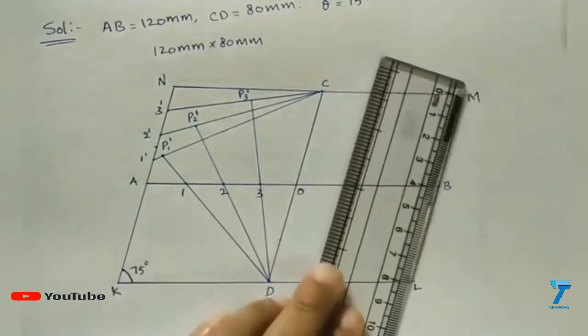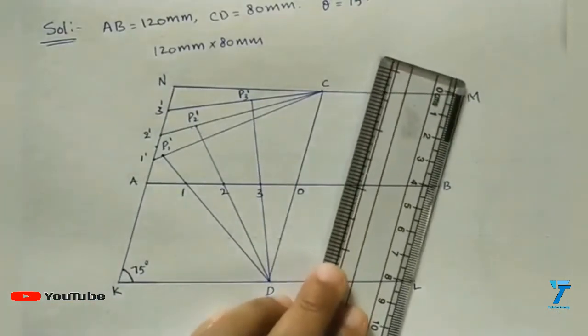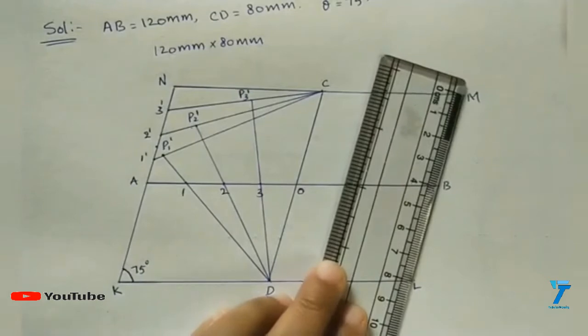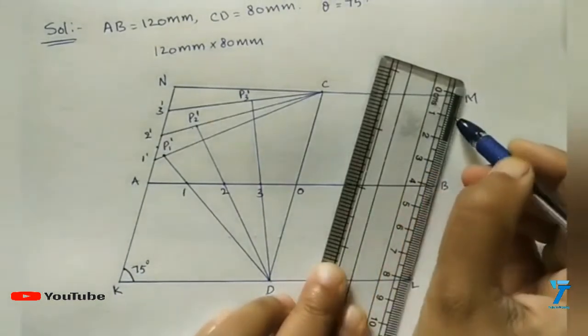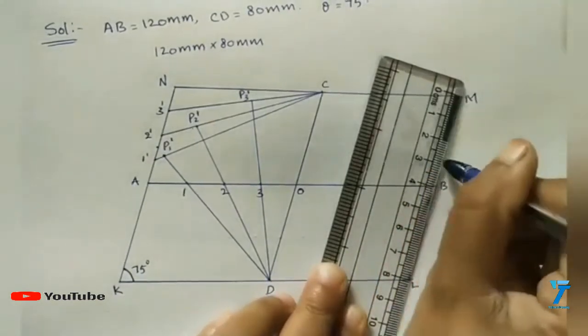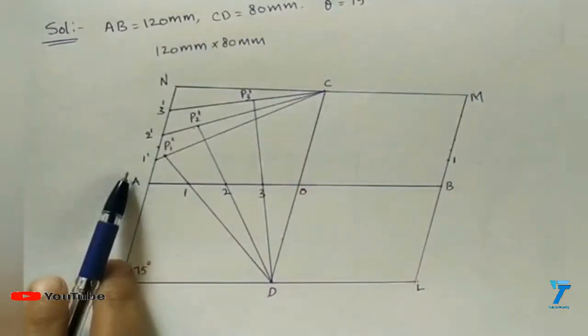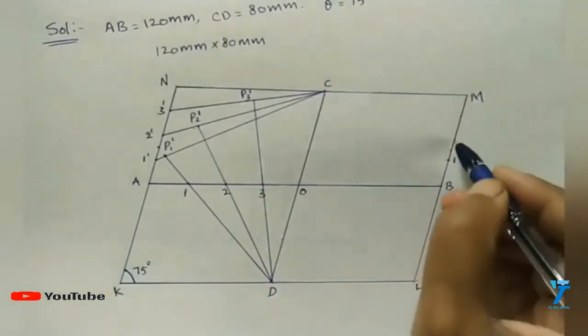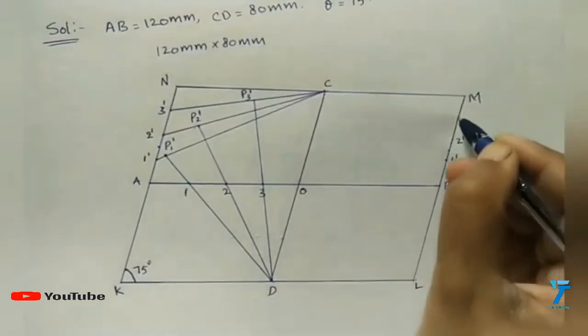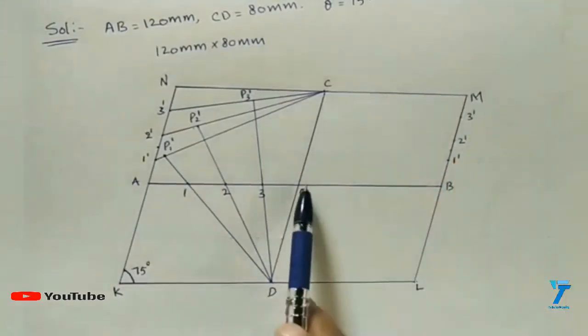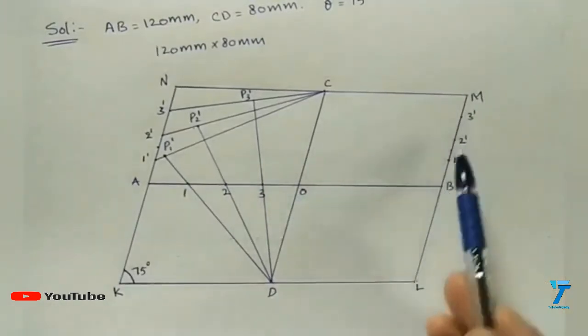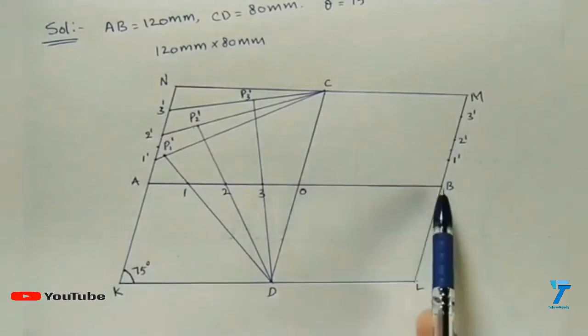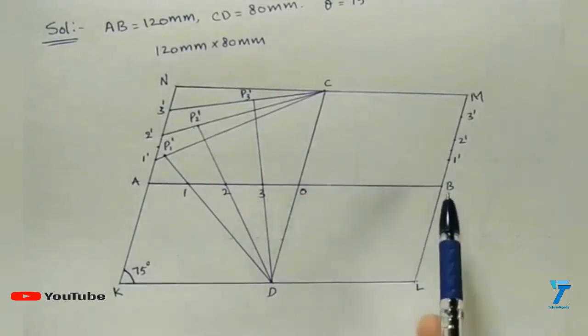So each part is 1 centimeter. Here you have marked 1 dash, here also mark the same 1 dash, and this point is 2 dash, this point is 3 dash. And here also divide into same number of equal divisions, 4 divisions.